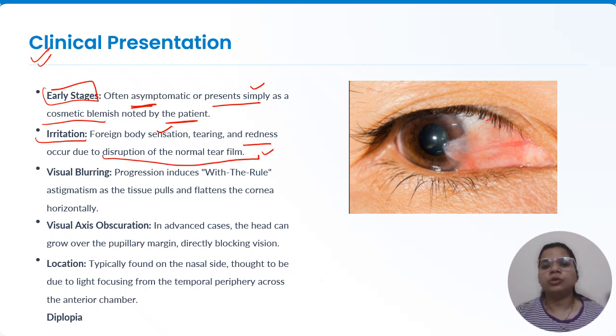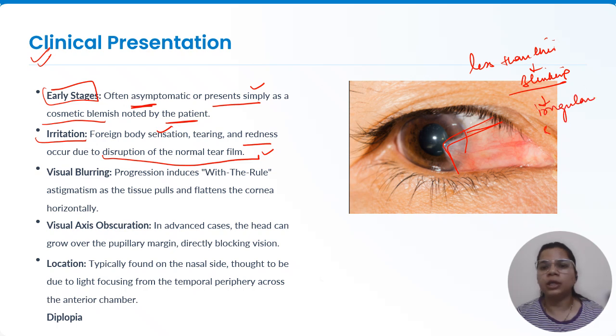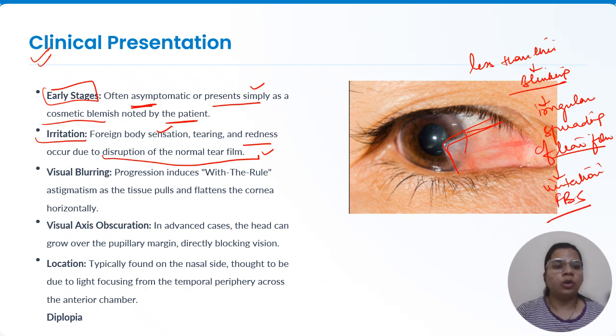Normally, due to the presence of this pterygium over the area, when there is blinking, there will be irregular spreading of the tear film. Due to irregular spreading of the tear film, it leads to irritation and foreign body sensation. It also leads to visual blurring.